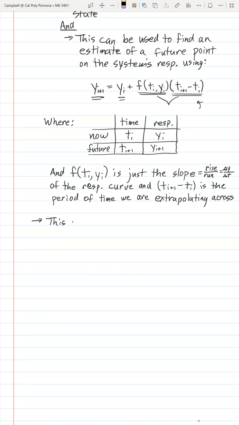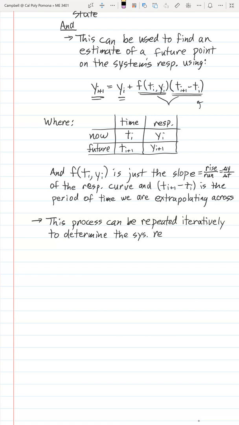So this process can be repeated iteratively to determine the system response over, at least conceptually, an arbitrarily long period of time.